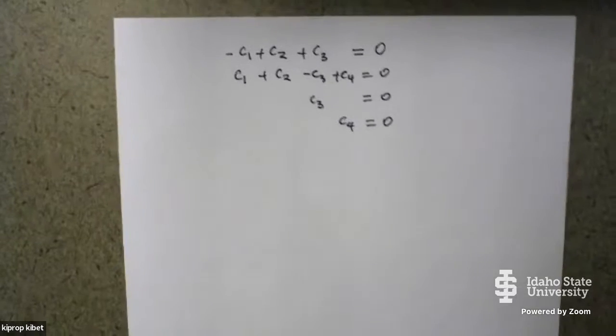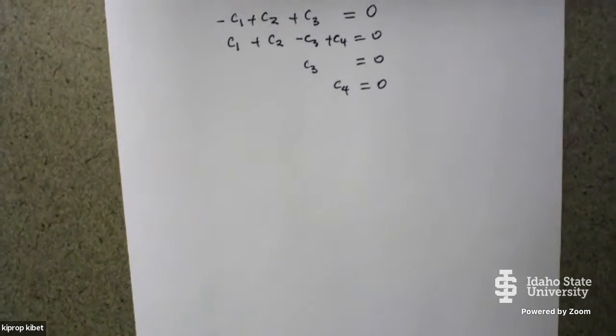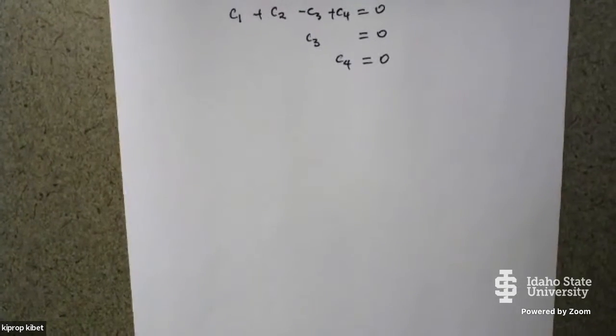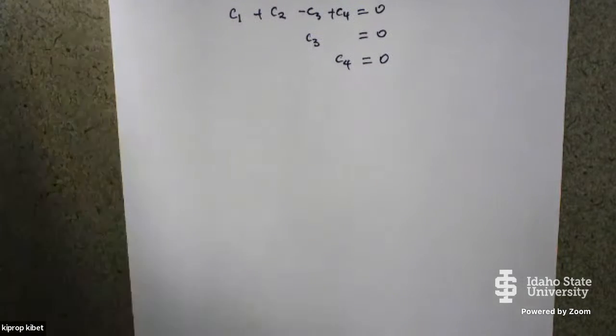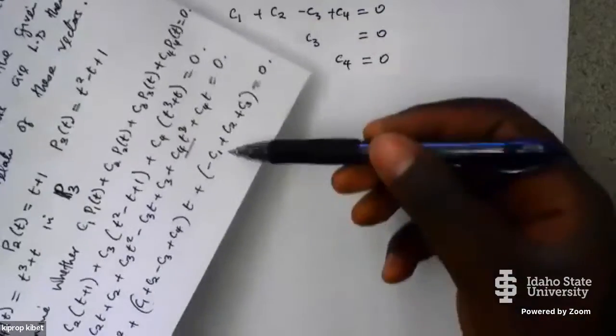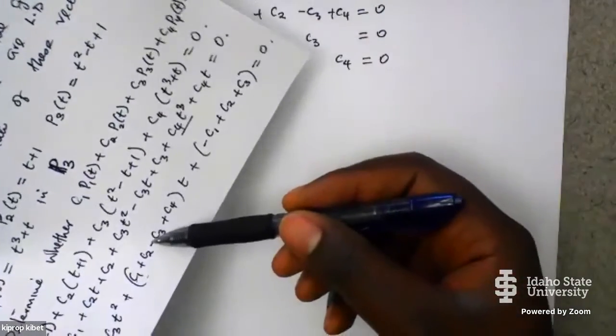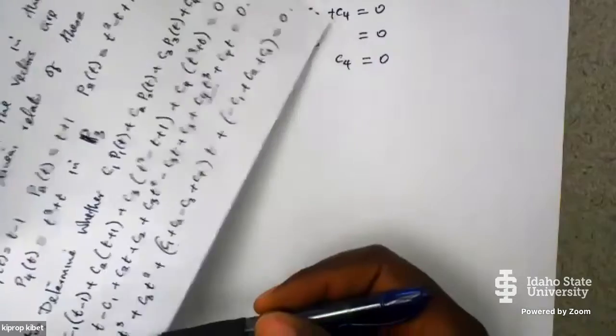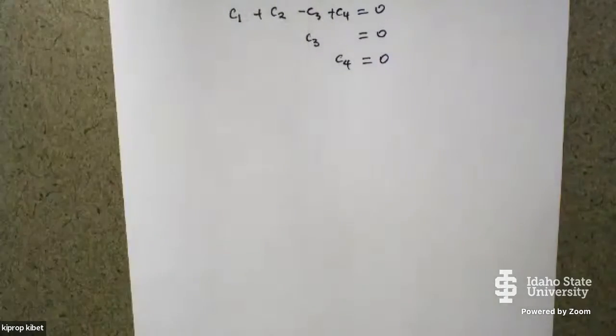So then our matrix. We just took the constant, then we took the next one, and then C3, and then C4 equals to 0. Okay.